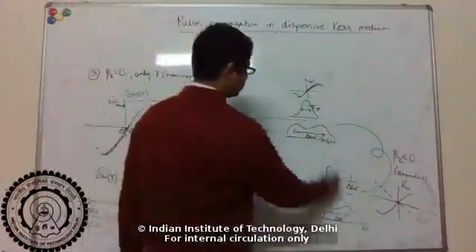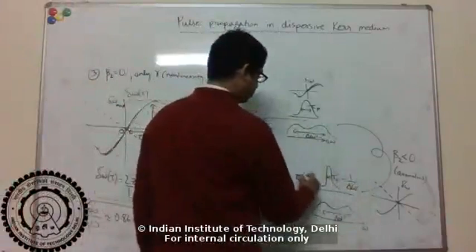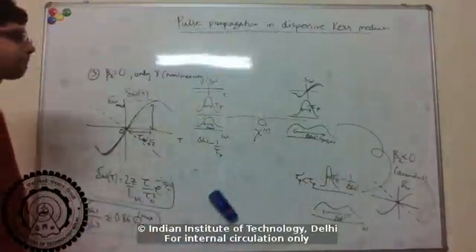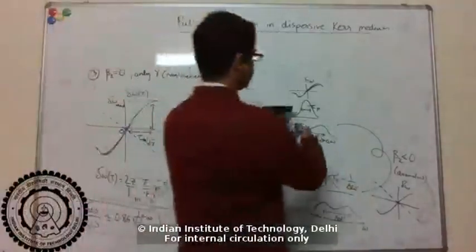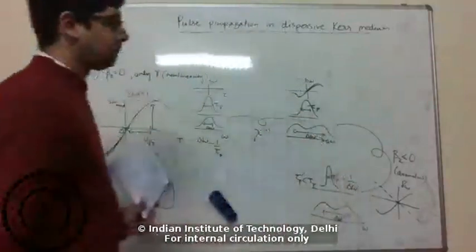Now, since delta omega prime is bigger than delta omega, tau p prime is less than tau p. Right, so depending on how much I broaden the spectrum, by the same factor I compress the pulse.